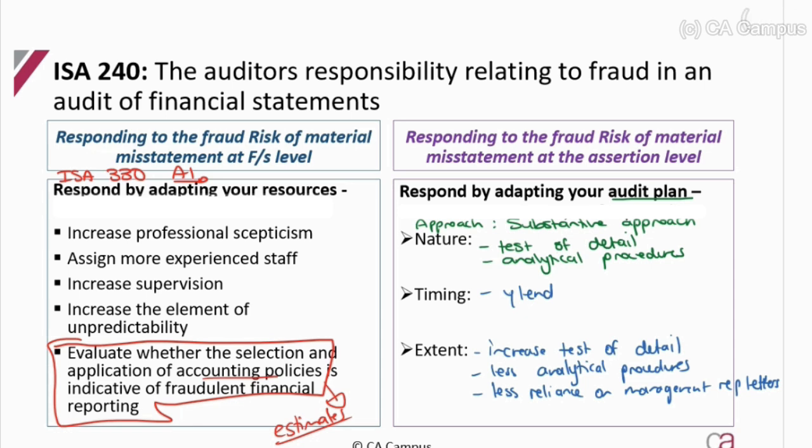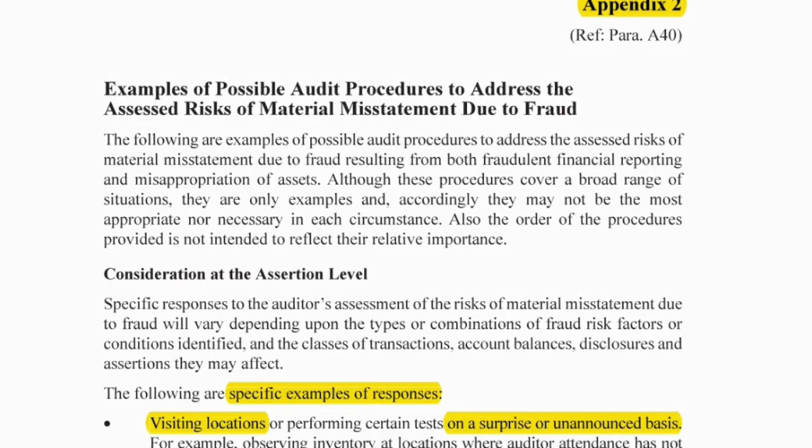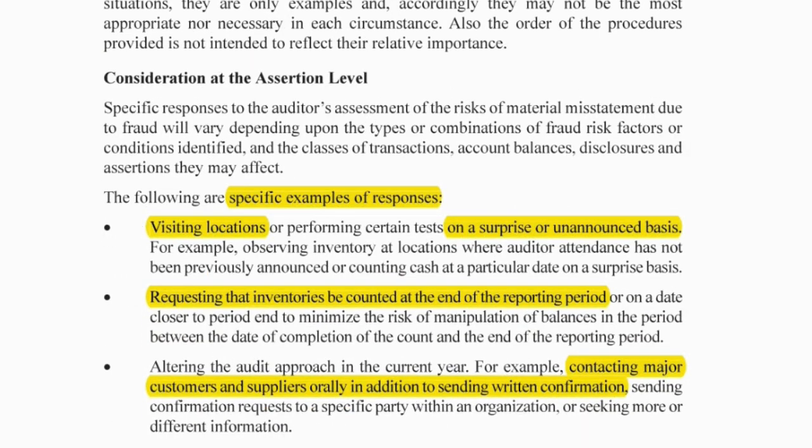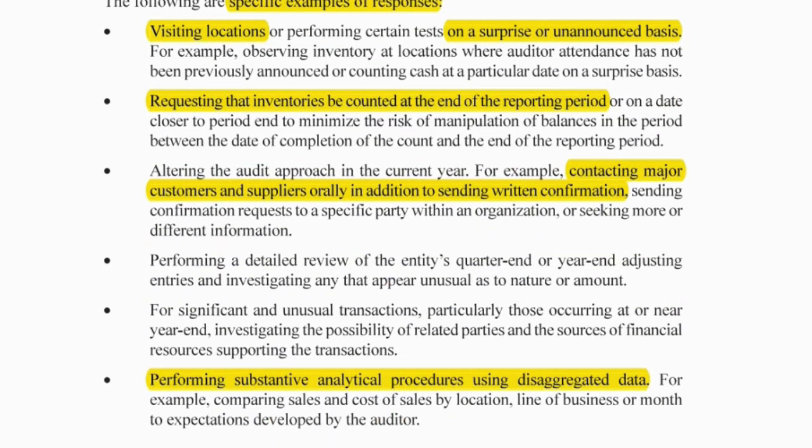Appendix 2 has specific responses to actual risks. So let's go and have a look at Appendix 2. So here's Appendix 2 and it says, following are some examples of responses. Maybe you go and visit locations on a surprise or unannounced basis so they don't know. You request that inventory be counted before the end of the reporting date.